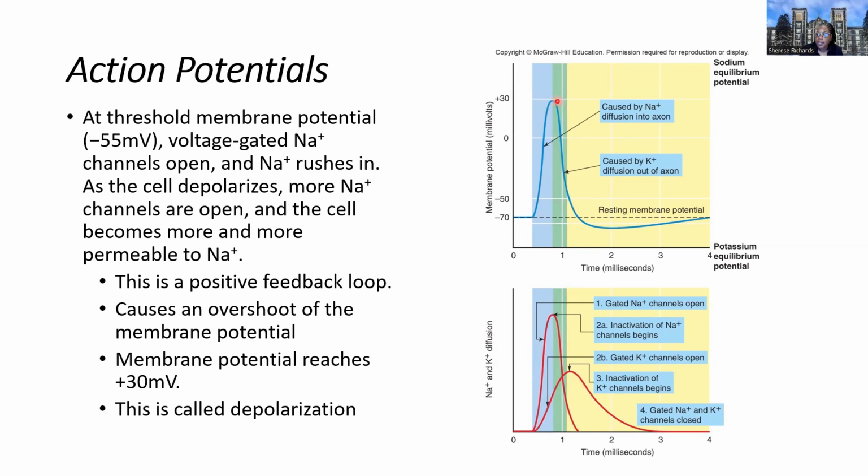So now we go from +30 down below rest. So again, if we recall the reason that the membrane potential becomes negative, this is because potassium is leaving the cell. Because it's trying to get to its equilibrium potential, it's actually going to overshoot the resting membrane potential, and we refer to this type of change as a hyperpolarization. And then eventually it's going to self-correct and get us back to rest.